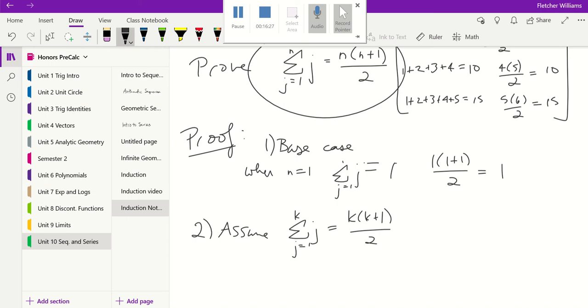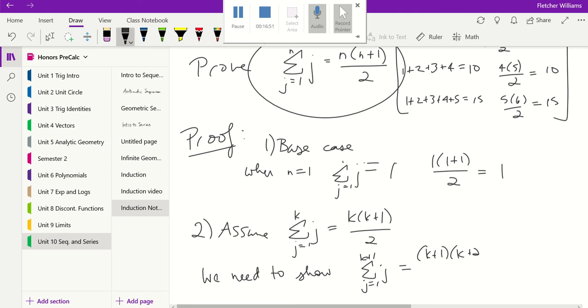You assume that, and we need to show from that that the sum from 1 to k plus 1 of j equals, and then substitute in k plus 1 wherever there was k before. So it would be k plus 1 times k plus 1 plus 1, or just k plus 2 over 2. Issues there? Objections? All right.